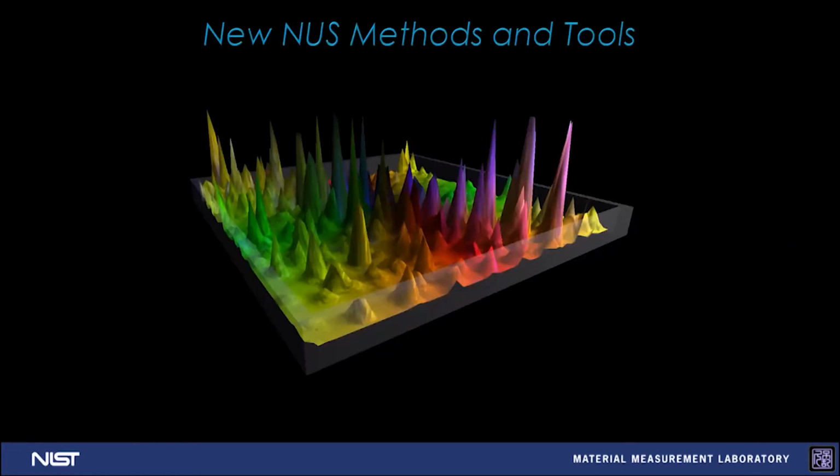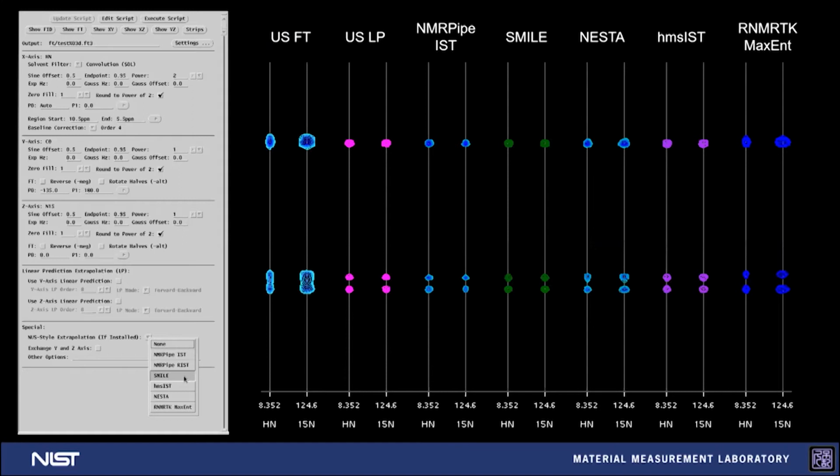So here are some of the new tools that we spoke about last time. In particular, and maybe one of the most useful aspects of software tools for non-uniform sampling that we've added to the software is a graphical interface that allows us to do complete spectral processing of non-uniformly sampled data, 2D, 3D, and 4D, without the need to edit any scripts, and in a format that allows us to easily and conveniently process or reprocess a particular data set with different reconstruction methods and see the results side by side, as you see here.